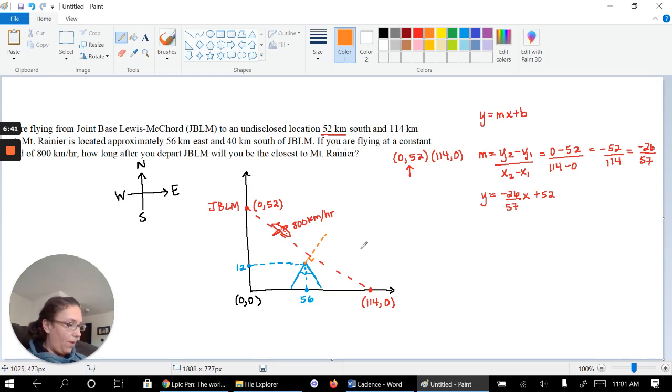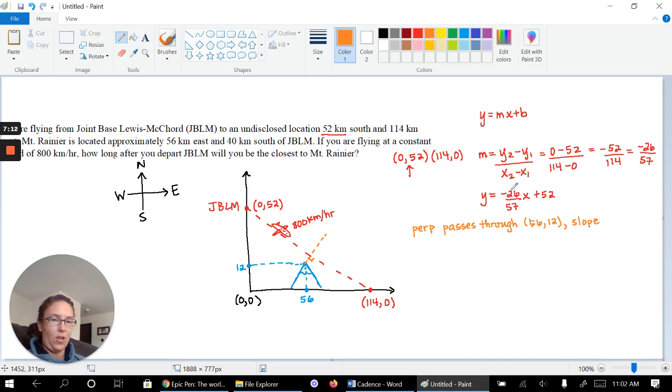So the first thing I have to do is figure out what is the equation of this perpendicular line. So we need a perpendicular line that passes through the point 56, 12, I almost mixed those up, 56, 12, and has a slope that is perpendicular to the red line.